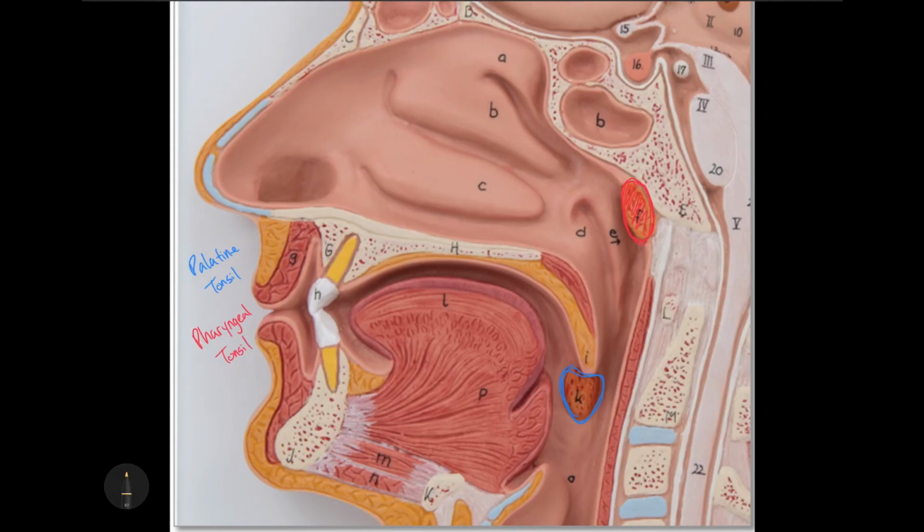Now, if we think about all the anatomical terms that we learned while studying the landmarks of the ear, we can remember and see right here that this opening is the pharyngeal opening of the auditory tube. This space houses a tonsil, and this tonsil is called the tubal tonsil.